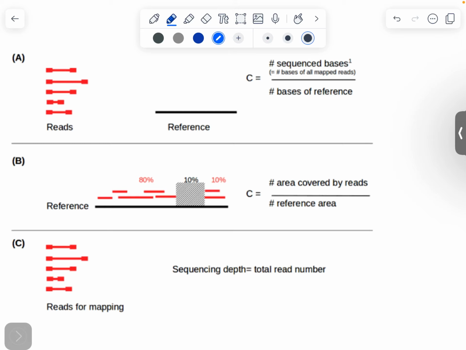But when the software tries to map these reads to the reference genome, since this repetitive DNA is present at several places in the DNA, the software cannot map them to a particular region, because it finds multiple regions where these reads could be mapped.